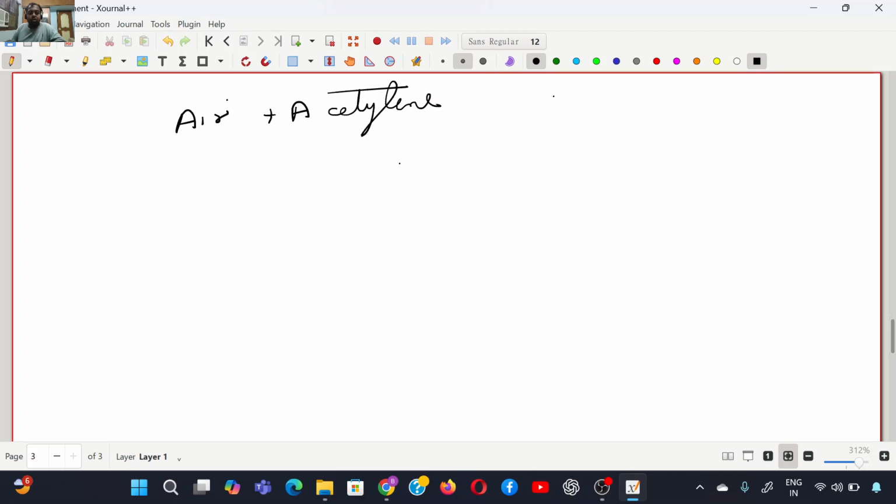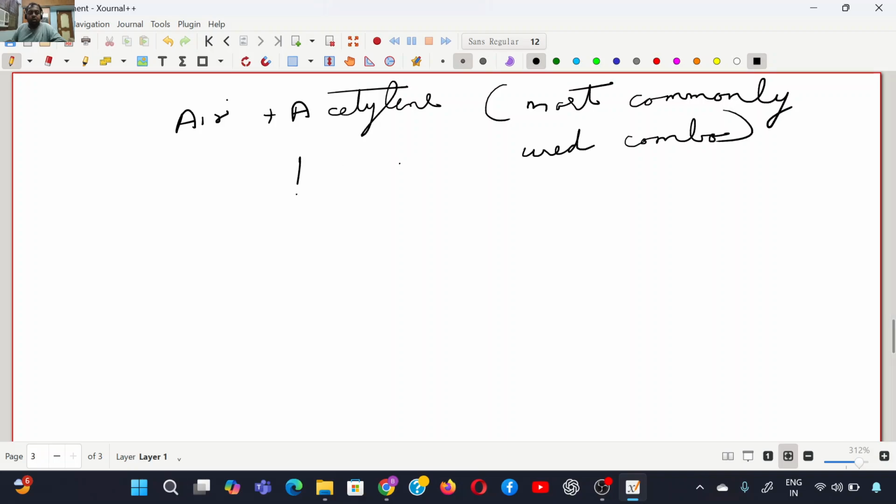Okay, so it's the most commonly used combination. It's the most commonly used fuel oxidant combo. Okay, so with this you reach 2100 to 2400 degrees Celsius. So why this is most used is that it has got very stable performance.